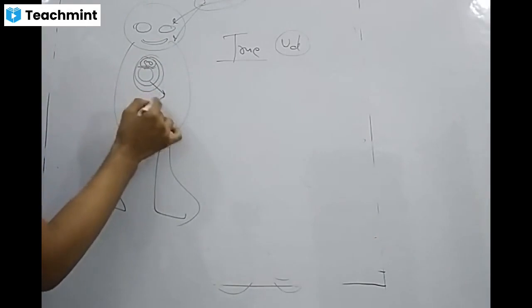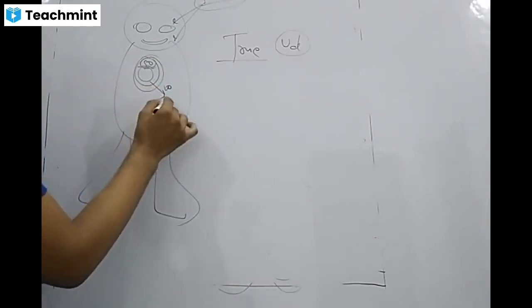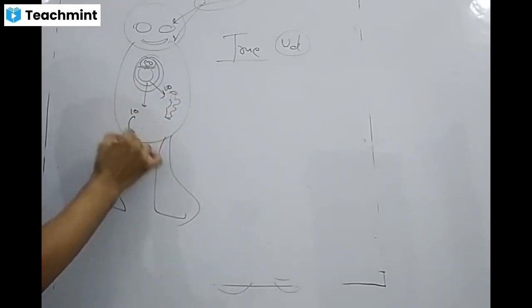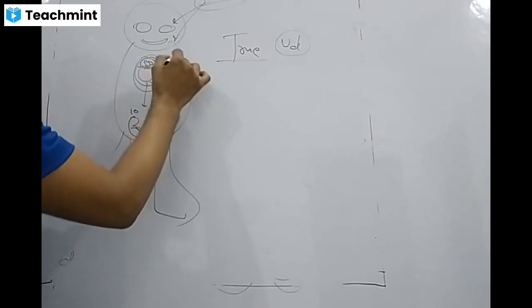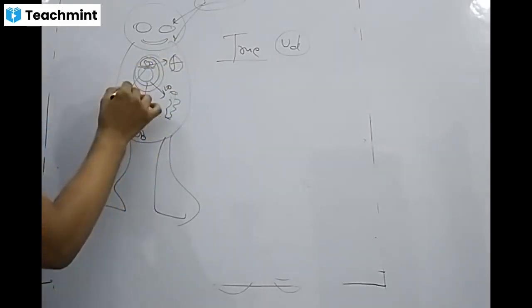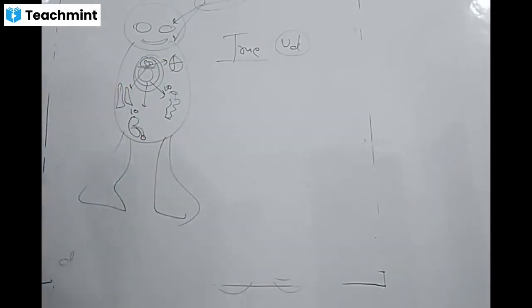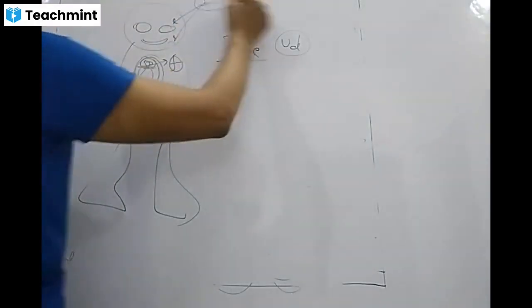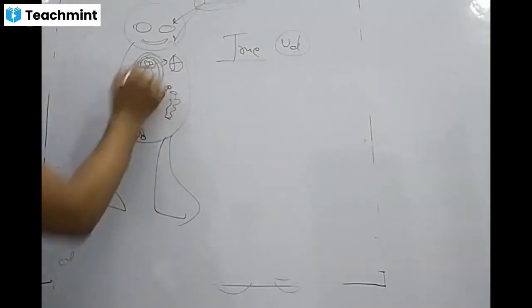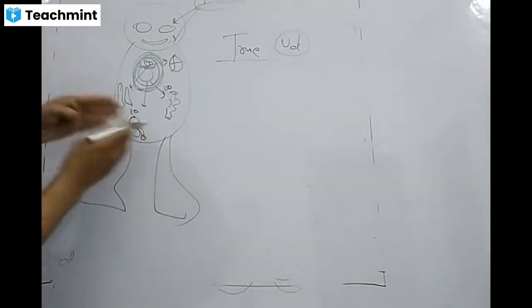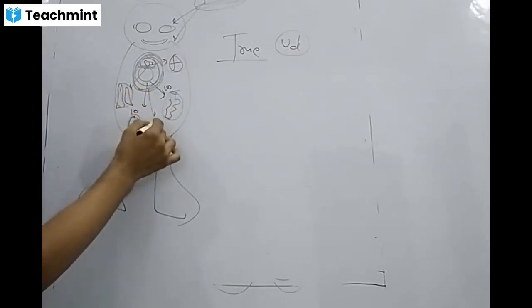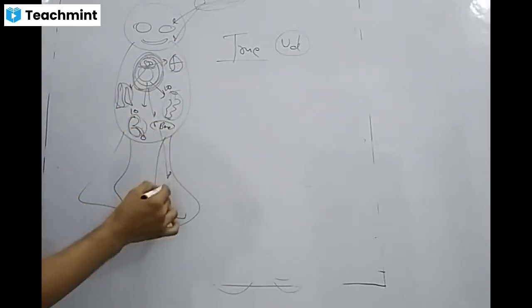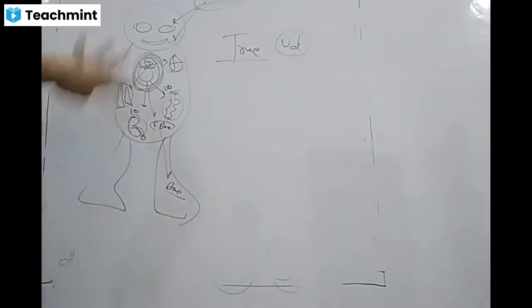Out of 50, for example, 10 enter into stomach, GIT, 10 enter into kidney, 10 enter into heart, and 10 enter into lungs, and suppose 5 into bones. Okay, it is distributed like this.